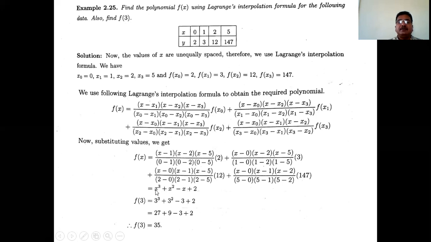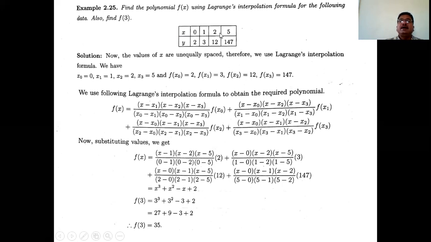So we can tally your answer by substituting at least 2 values from the table. Then the question is to find f of 3. So f of 3 is what? It lies between 2 and 5, and the answer is 35. What about the values of y or f of x? They are increasing.